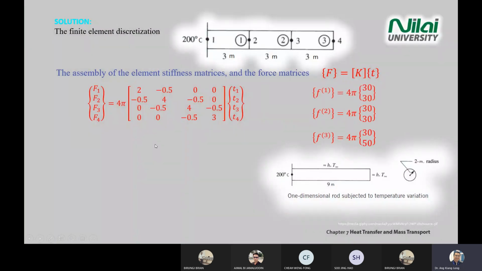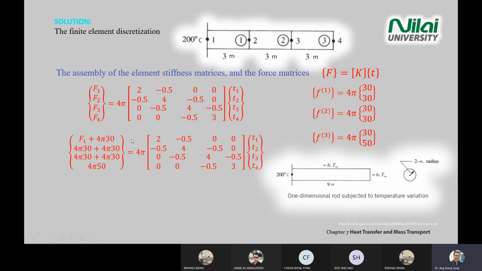So I'll just give you the direct answer. So you rewrite the equation. Okay, in this case, you have the force already. So you just rewrite the equation, fill in accordingly as I show you here.